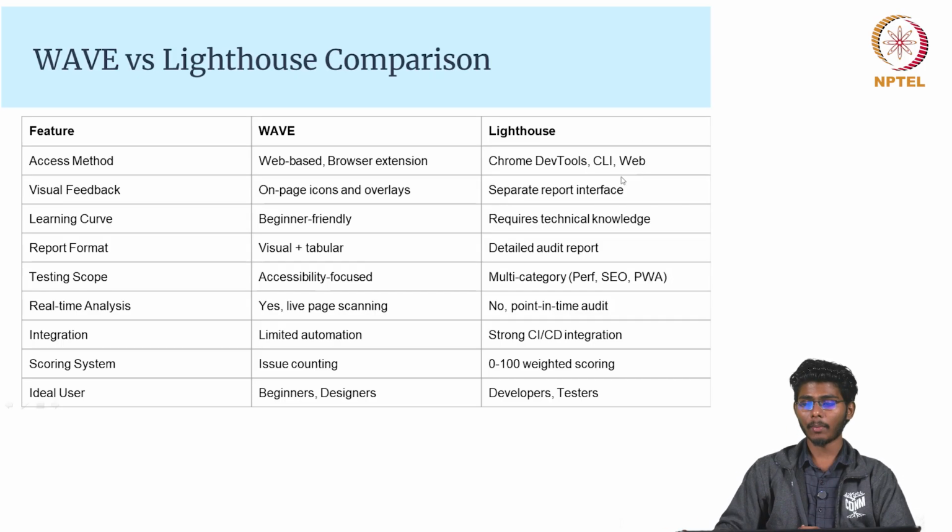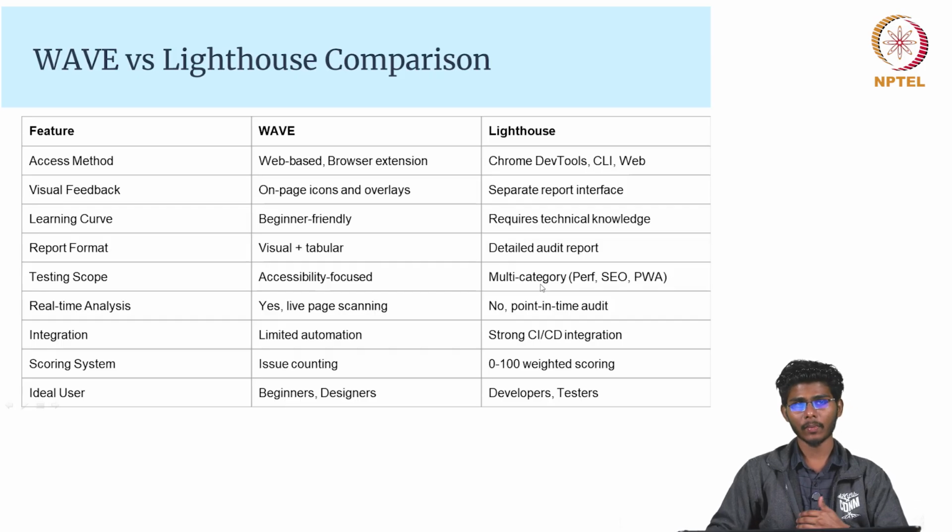There is also the command line interface, and as I have shown with the double clicking feature, we can go into the inspect section of the front end dialog box, where Lighthouse is installed by default by Google. It can also be installed as a browser extension similar to WAVE, and it has a separate report interface.